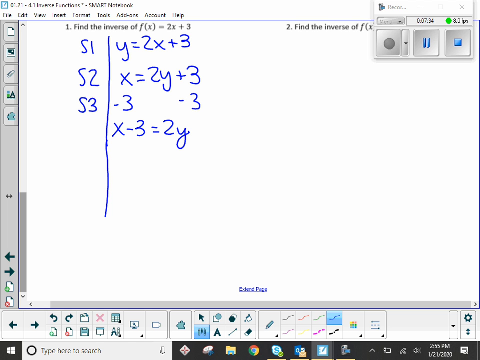But my y is still not by itself. What do I have to do to it? Divide by 2. So now x minus 3 over 2 equals y, but that last step says to write this instead of y.